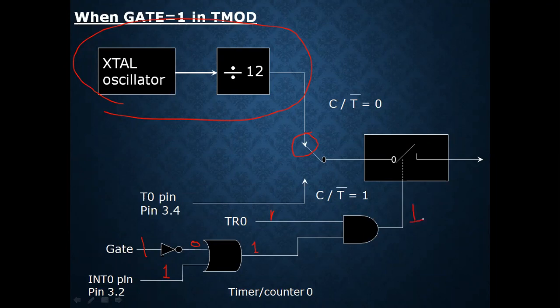Otherwise, it is not. So I am repeating once again. The gate pin is 1. The condition is given at the top of this slide. If this is 1, then after complement this will be 0, and when the INT0 pin is high, then only the output will be high. And when this TR0 pin is high, then this switch will be closed. Clear or not?